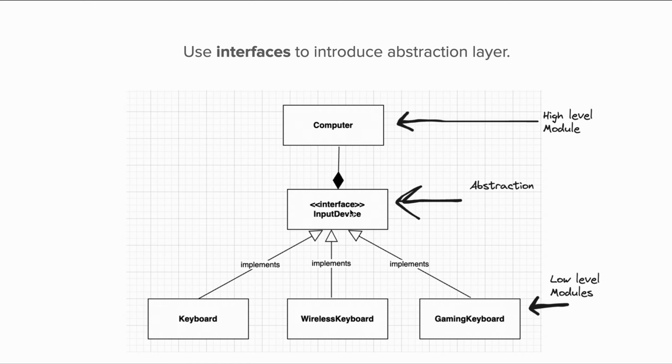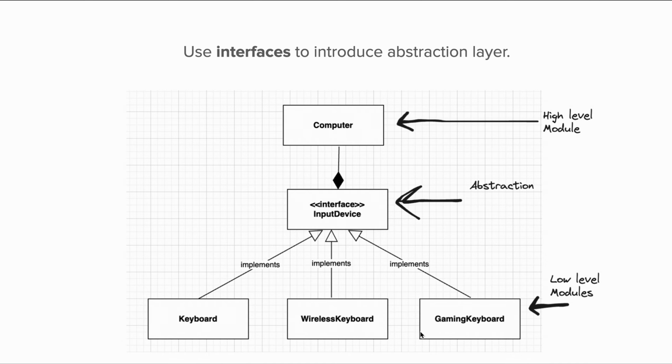So this is the abstraction layer, and that means tomorrow if I come up with new keyboard, I don't have to modify this computer class. Similarly, keyboard classes, so the different keyboard types, keyboard, wireless keyboard, gaming keyboard, maybe some other kind of keyboard, are low level modules and they depend on abstraction. So again, they should also depend on this abstraction, right? This input device, instead of computer class directly depending on them.